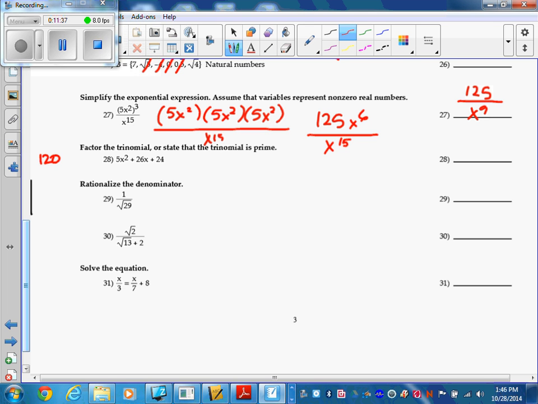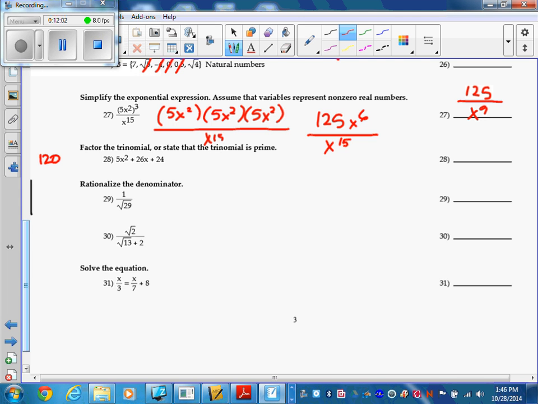So we're looking for factors of 120 that add or subtract to give me 26. I got a lucky guess earlier. What are factors of 120? 10 and 12? That won't work. What about 4 and 30?